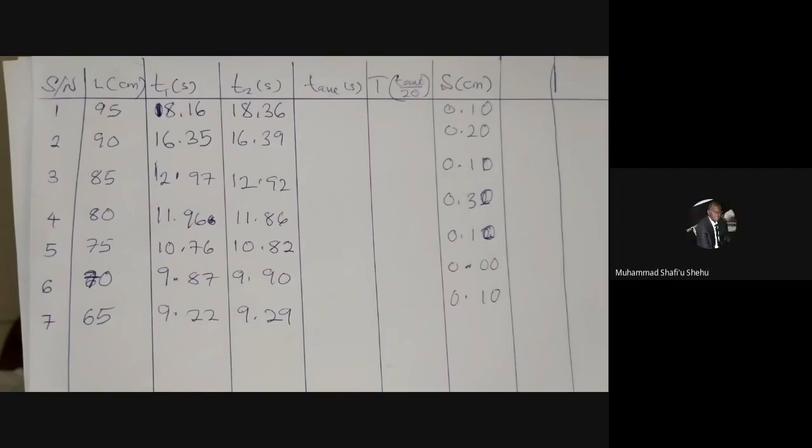Also, if you look at the reading, even though we're having some random depression in the result, this is an experiment, so you have to record what you observe. But if you look at it carefully, you see that we only acquired zero depression at our sixth reading, which is close to our last reading.